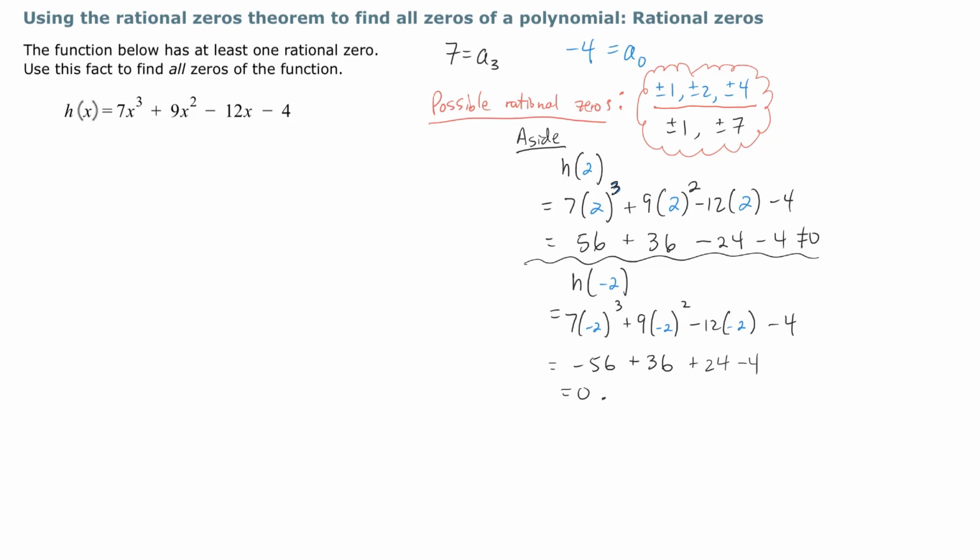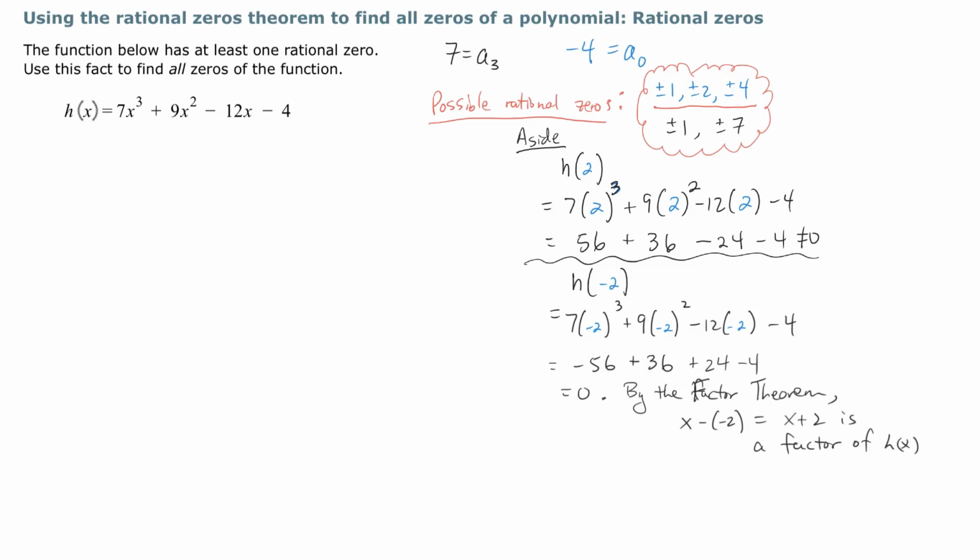Aha! Now by the factor theorem, we know that x minus a -2, which equals x plus 2, is a factor of h of x. All right, we're in business.